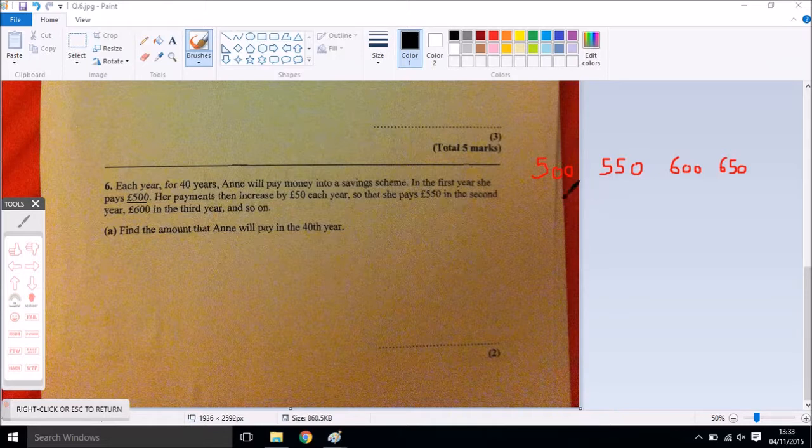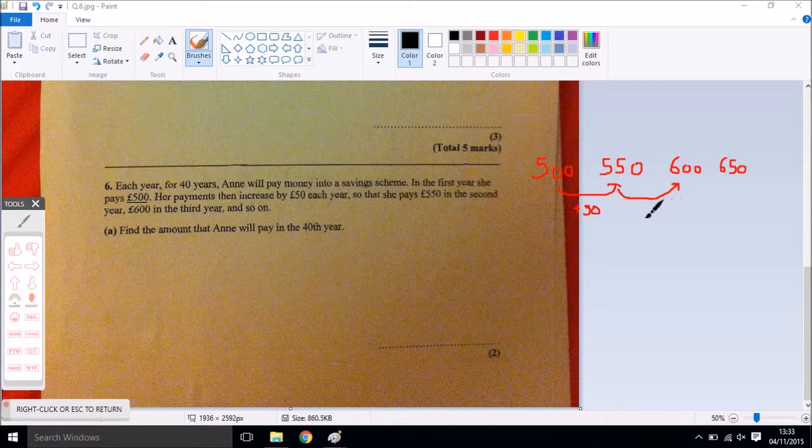So notice how we're adding 50 each time. So we add 50 here. And then to get the third term, you actually add another 50.